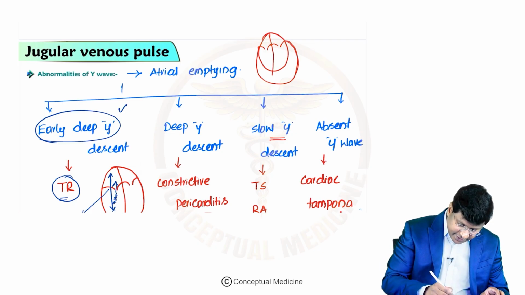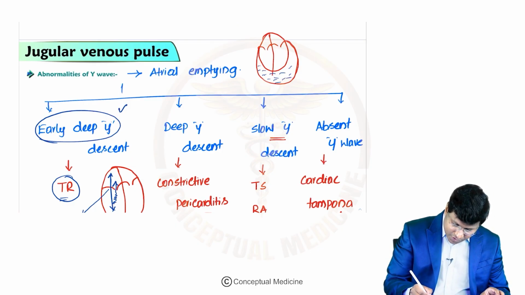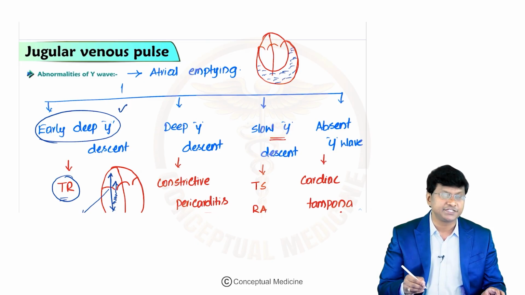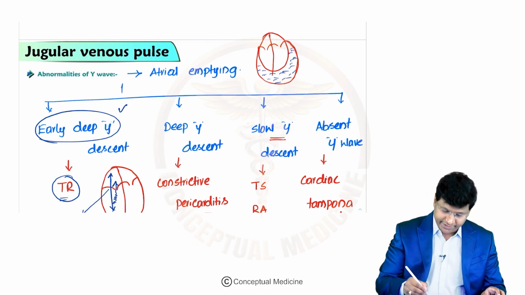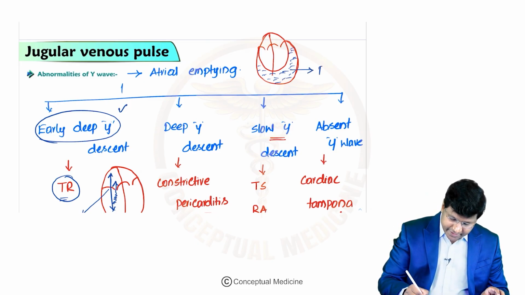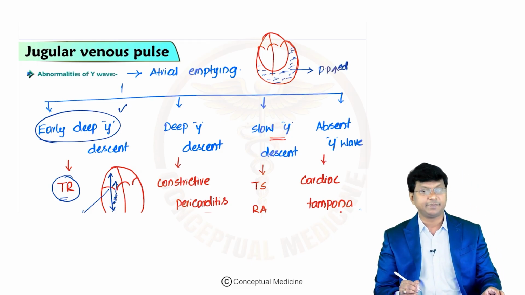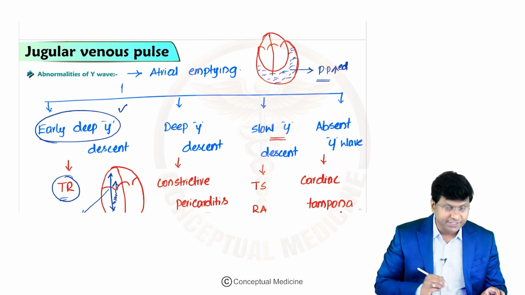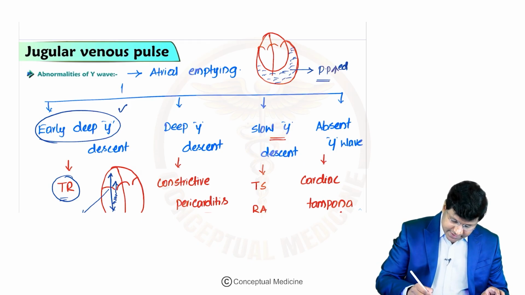There is an abrupt increase in the pericardial pressure because of the accumulation of fluid. So the pericardial pressure is increased, right? Once the pericardial pressure is increased, the ventricles are unable to relax.